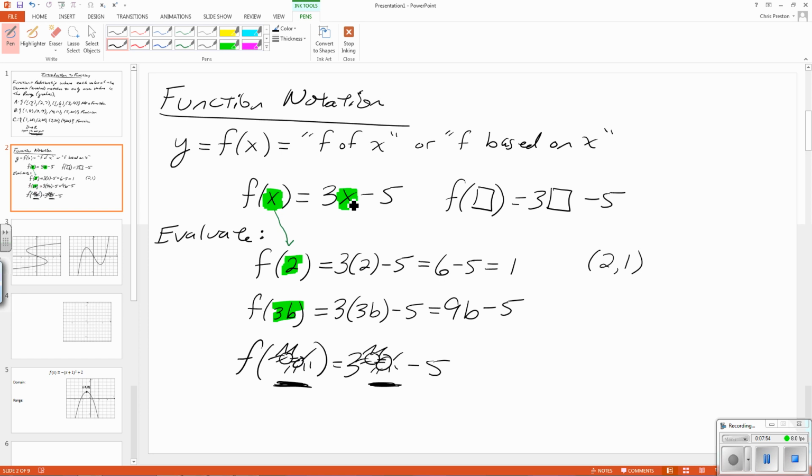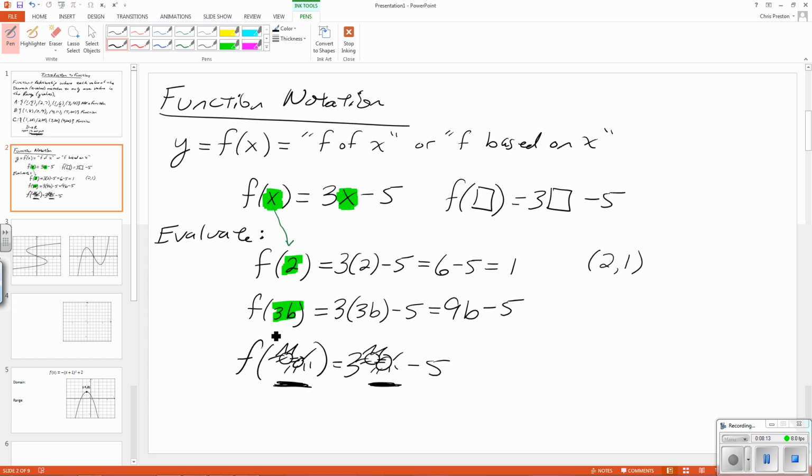This x is just a placeholder. Instead of writing the empty box, we write x. We're like, hey, do we have anybody who's not doing anything? Can they stand here? And x is saying, well, I'm not busy right now. I can stand in that location. But as soon as we have something else, we move the x out and we put that in.